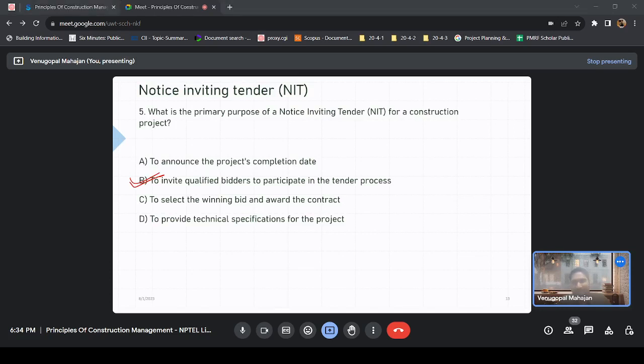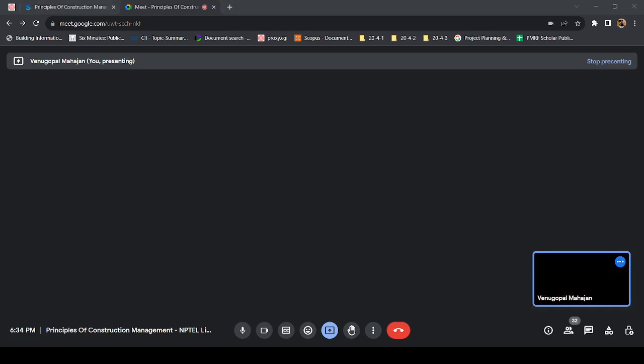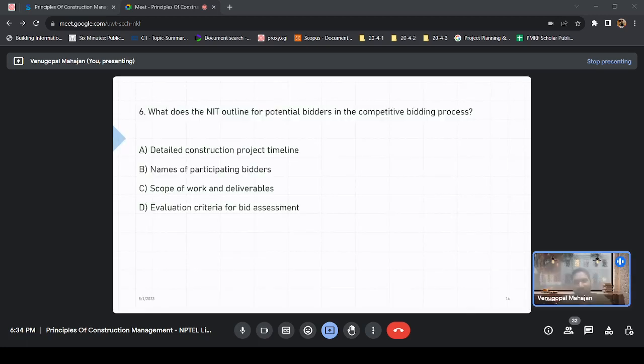Okay, so let's see the next one. What does NIT outline for potential bidders in the competitive bidding process? So now we are talking about what is there in NIT and what is not. See, A, yeah, A is there.